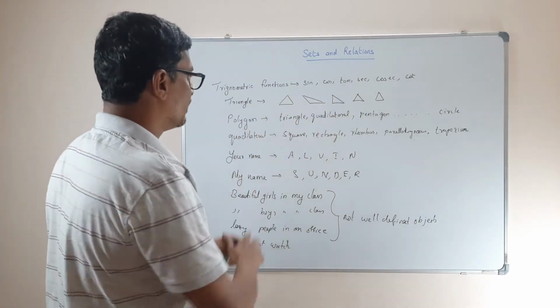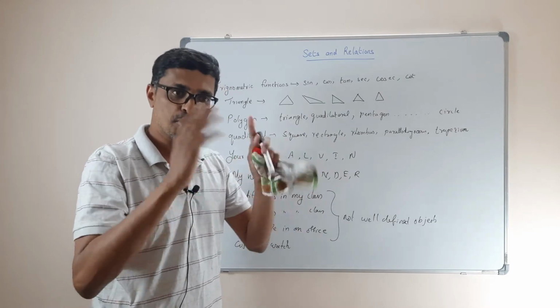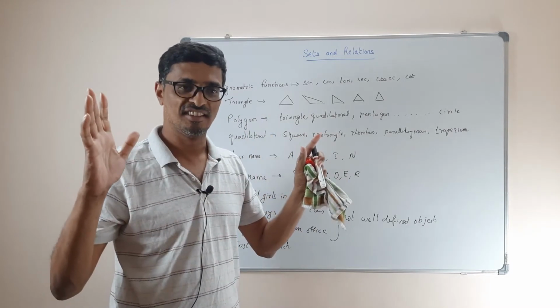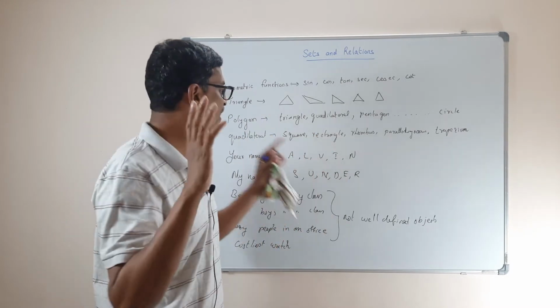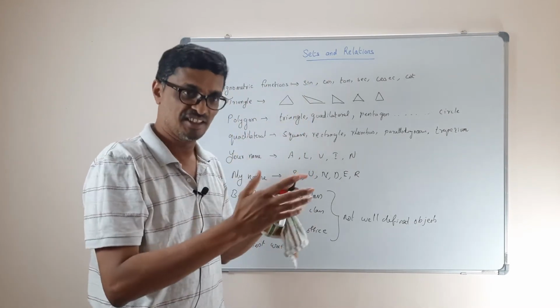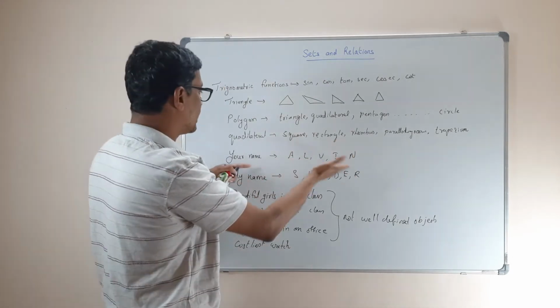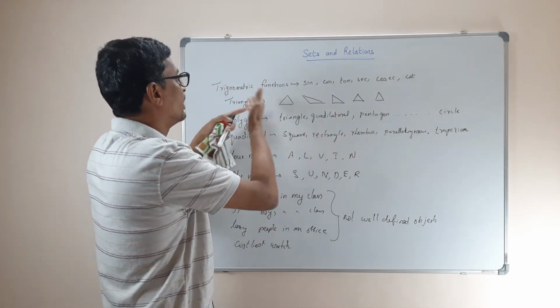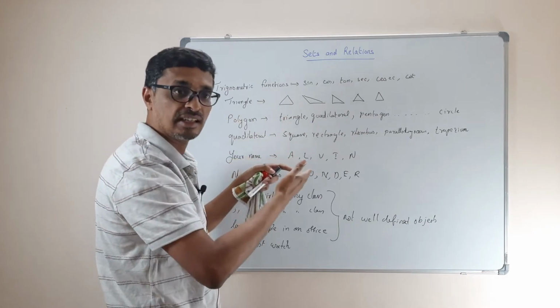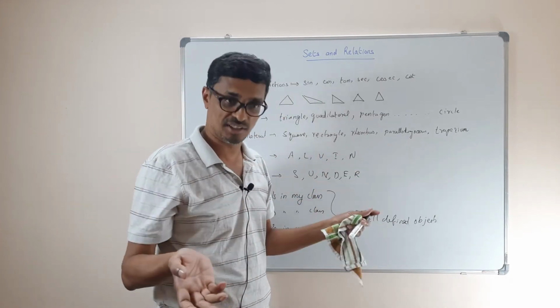Whereas when I say triangle, it is a well-defined object. A polygon with 3 sides is a triangle, and depending upon the angle of the triangle, I can define the object. Then your name letters, alphabets, quadrilateral, polygon, trigonometric functions, natural numbers, whole numbers, real numbers.